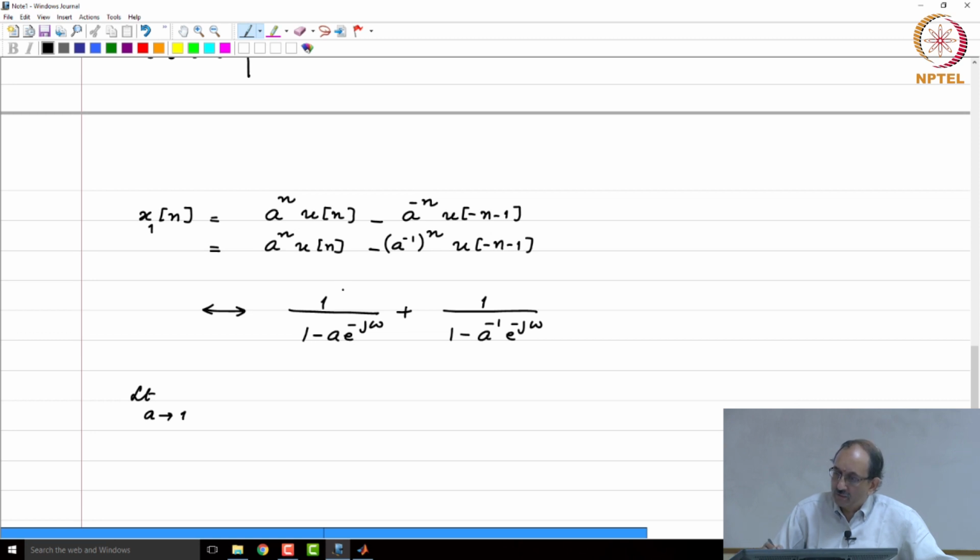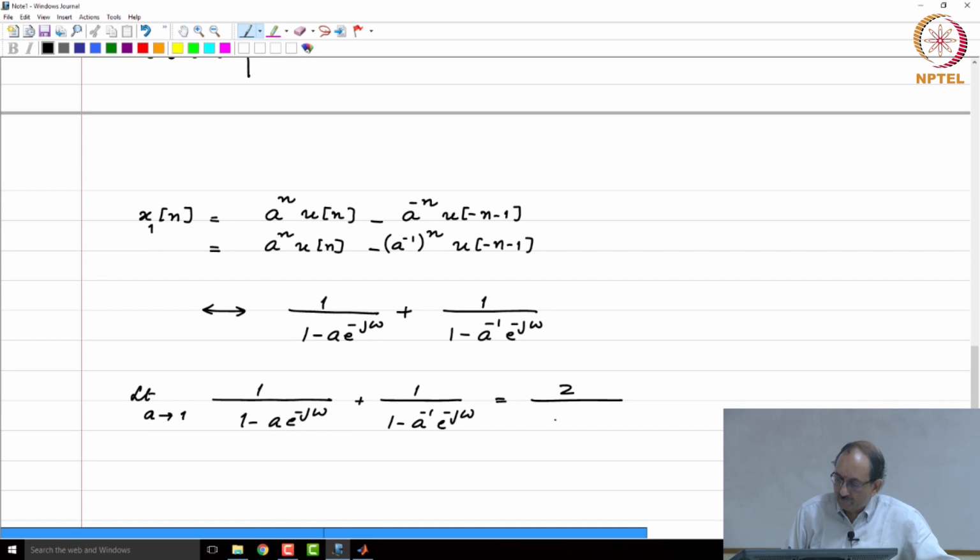So if you let a tend to 1 in each of these terms, this will tend to 1 by 1 minus e to the minus j omega. This will tend to again exactly the same term, 1 by 1 minus e to the minus j omega. Therefore, in the limit, this of course will be 2 by 1 minus e to the minus j omega.